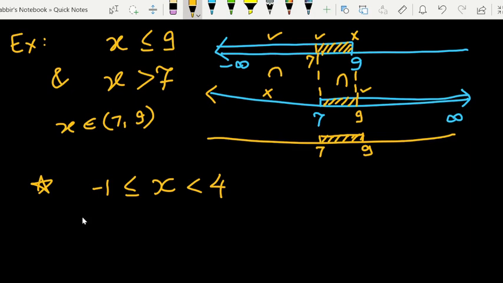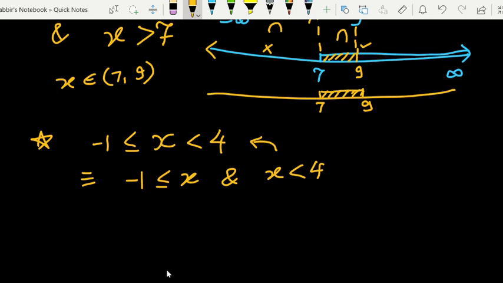The meaning of this, as far as 'and' is concerned, is the intersection of two inequalities, x greater than or equal to minus 1 and x less than 4. So if you take these two inequalities with 'and', you will always get this. You yourself can try and get this.